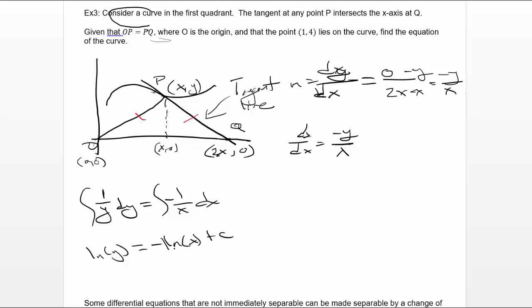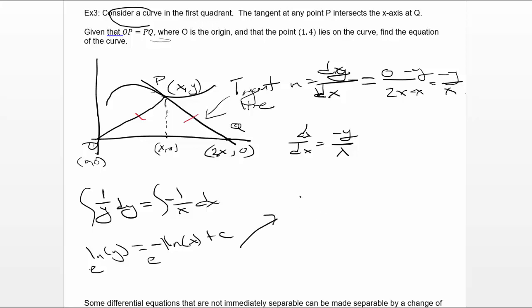So this is really the same as natural log of x to the minus 1, which is the same as natural log of 1 over x. So again, to get y by itself, undo this natural log operator. I'm going to raise everything as an exponent of e, and simplify.